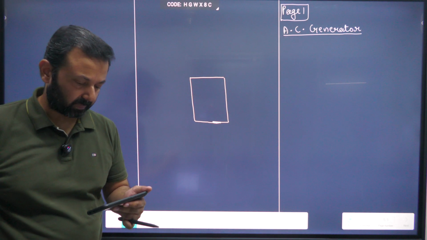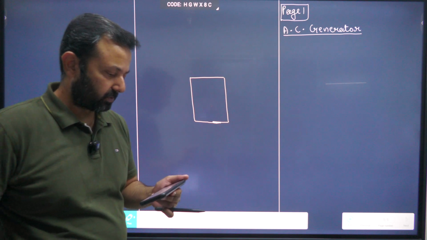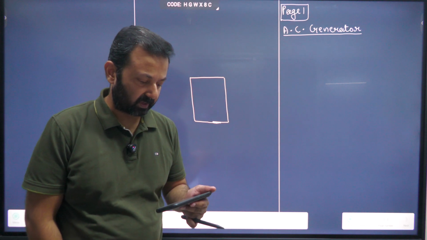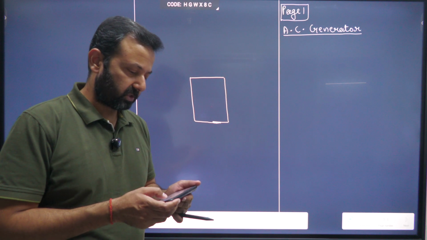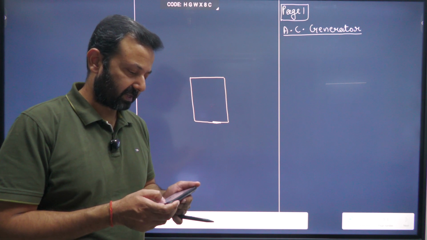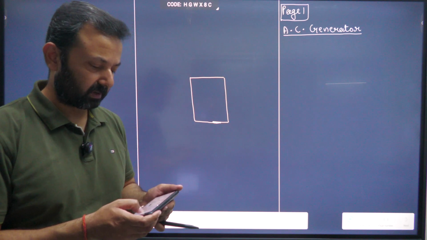When a closed coil is rotated in a uniform magnetic field with its axis perpendicular to the magnetic field, the magnetic flux linked with the coil changes and an induced EMF, and hence a current, is set up in it.